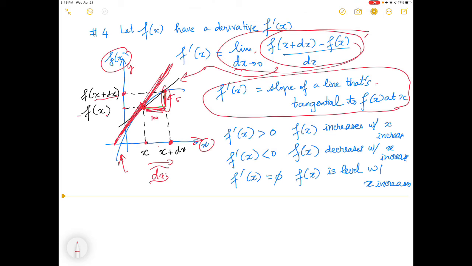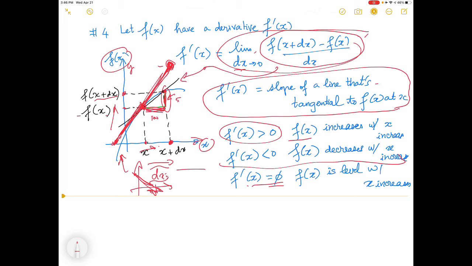And what it means is, if that value is positive, let's say this end is higher than this end, f of x will tend to go up as x moves to the right-hand side. If it goes down, that means it is decreasing with x. And if it is flat like this with respect to the x-axis, that means f of x is level.